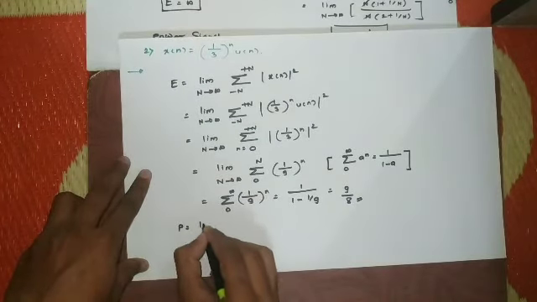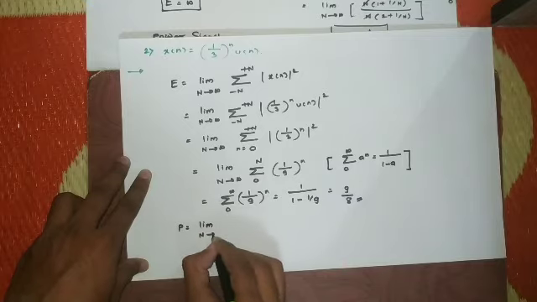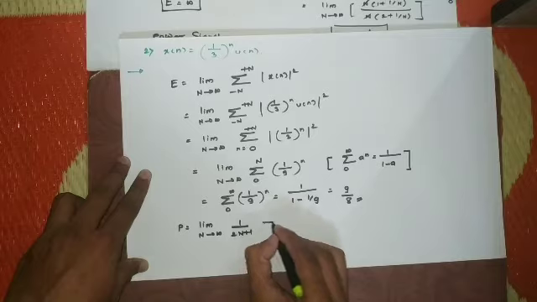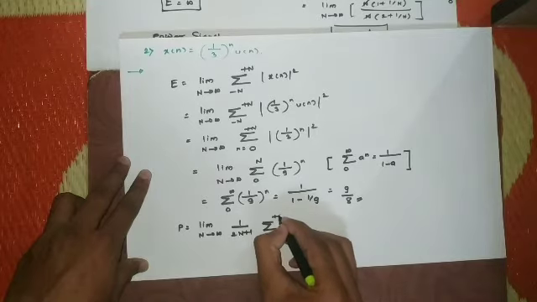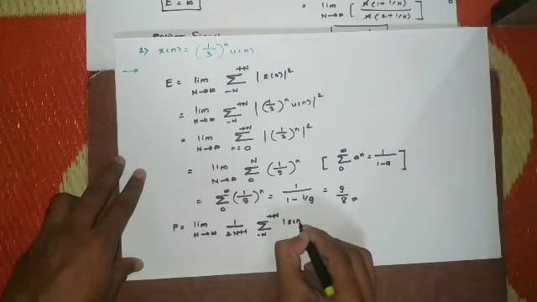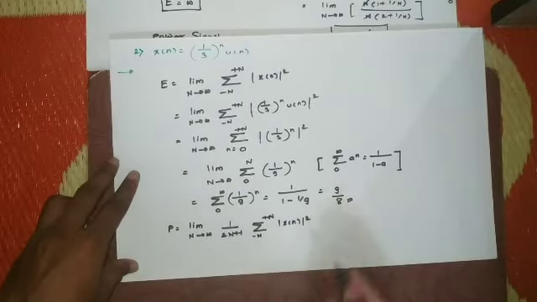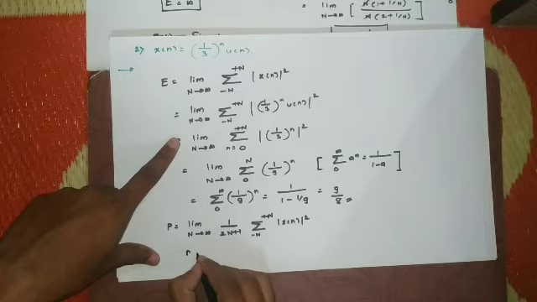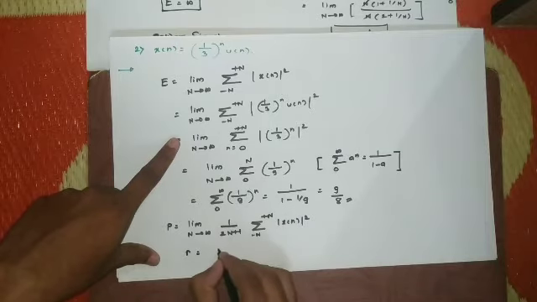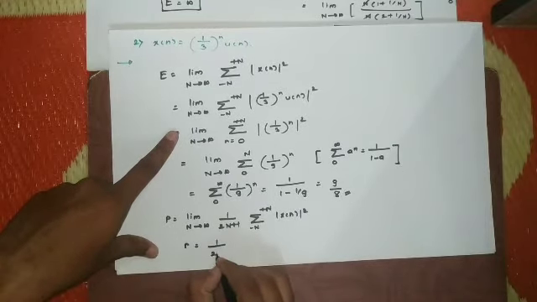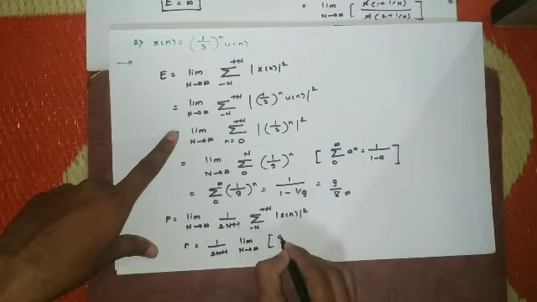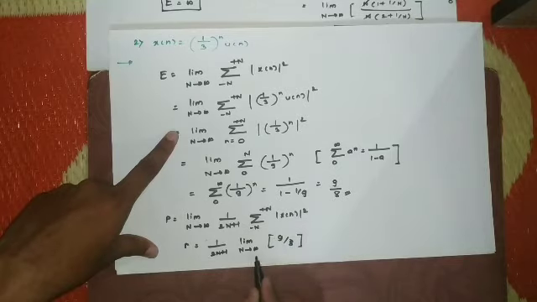Power is equal to limit n tends to infinity of 1 upon 2n plus 1, summation from minus n to plus n, mod x of n square. Now this entire term we have already solved, and the result is 9 upon 8. So we have 1 upon 2n plus 1 with the limit n tends to infinity.